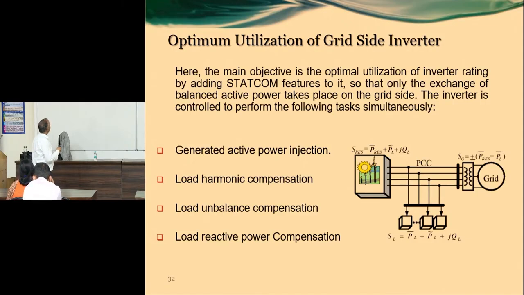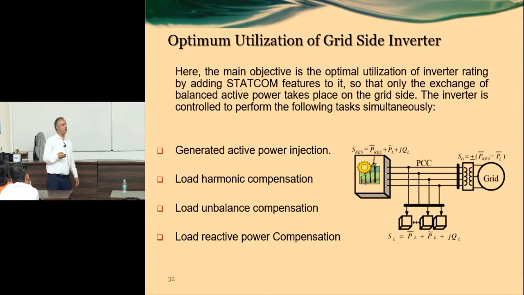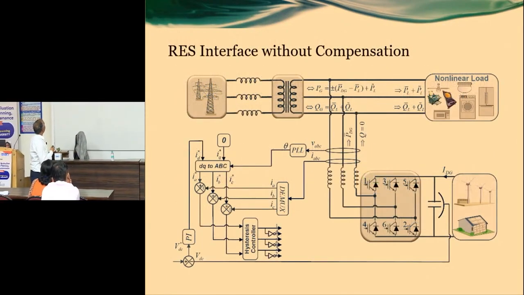Whatever active power is in deficit, the mismatch has to be supplied from the grid side. It can be positive or negative active power. This is the way we introduced the concept, so RE is interfacing without compulsion. If you can imagine without compulsion, the grid is going to be more polluted.